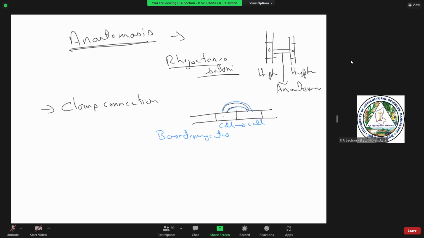This helps in connecting the newly dividing cells, to again exchange the nuclei.